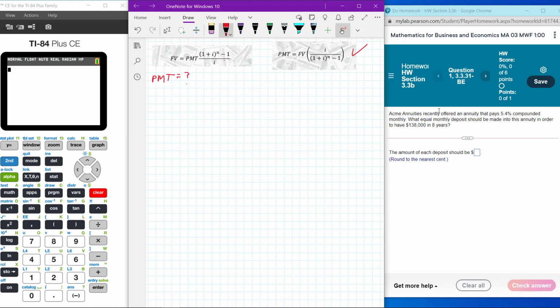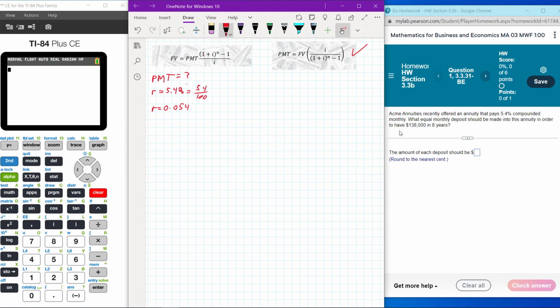Well, what else do we know? We know that the interest is 5.4%, so our annual interest rate is 5.4 divided by 100, which gives R equal to 0.054.